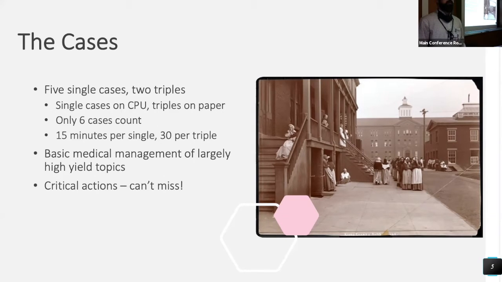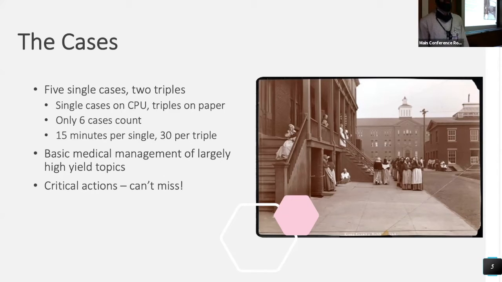These cases, right, they're not designed to test your medical knowledge. It's those other things I talked about, those other skills. Your written boards are there to test your fine medical knowledge. So these are going to test basic medical management principles, and they're usually for high yield topics, bread and butter EM.